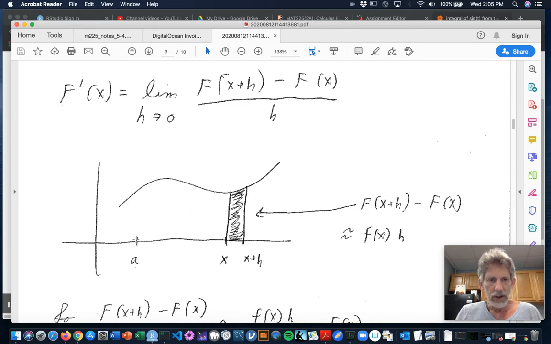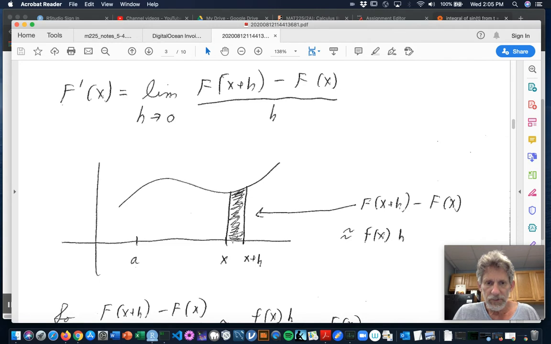You were going to take the integral from a to x, but you decide to go a little bit further. I'm going to add this tiny number h onto x. Then I would accumulate some extra area. That would be this area here underneath the f curve from x to x plus h. So that would be the exact value of F of x plus h minus F of x. It would be this little shaded area here.